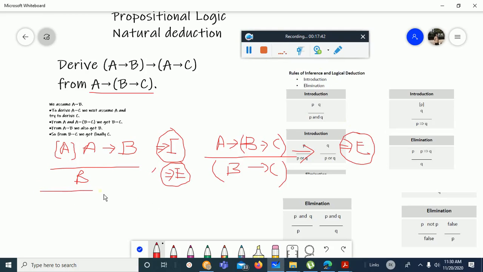So again from this we will get C. Elimination, again we have used the elimination rule.